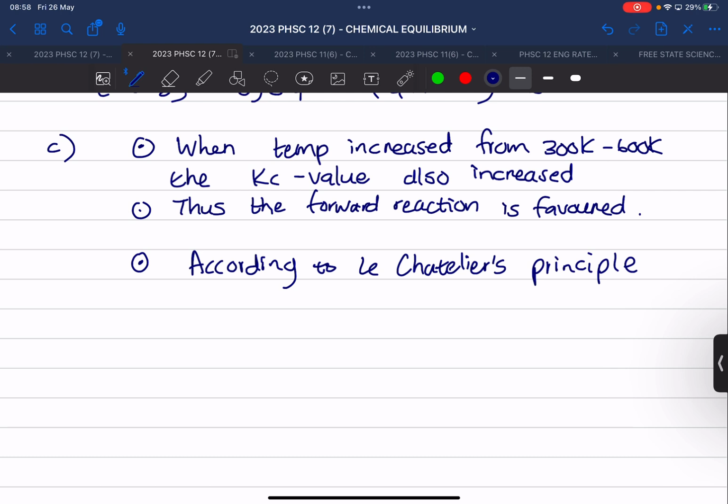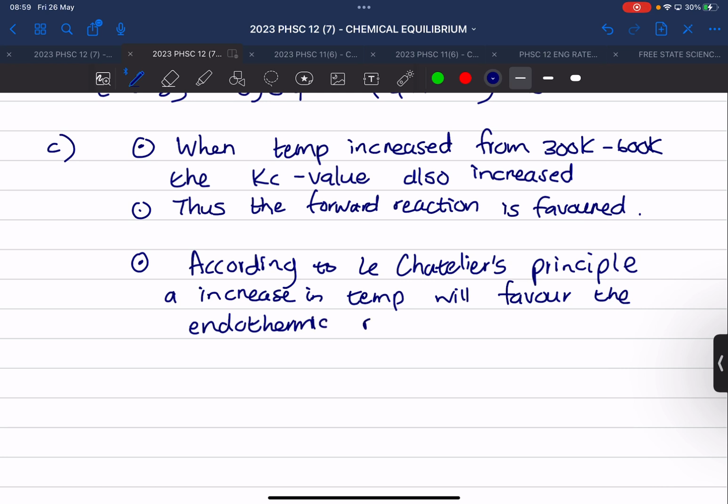Let me complete this first. You must say the words according to Le Chatelier's principle: according to Le Chatelier's principle, an increase in temperature will favor the endothermic reaction.